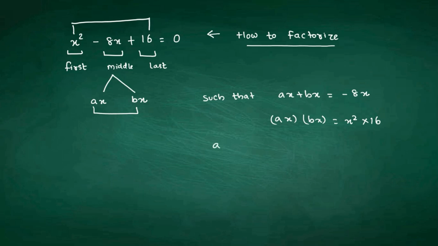So you obtain a plus b is equal to minus 8 and a into b as 16.